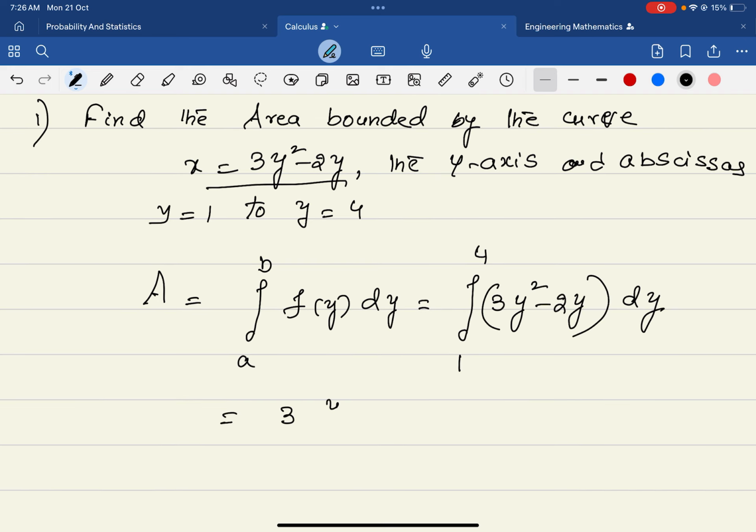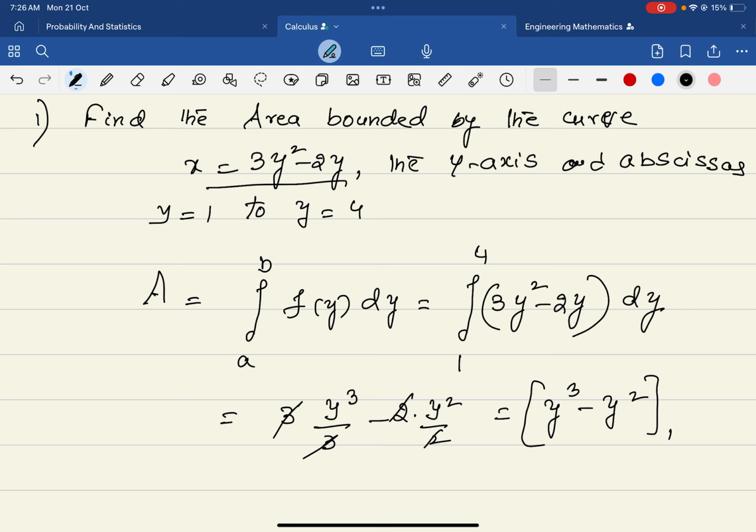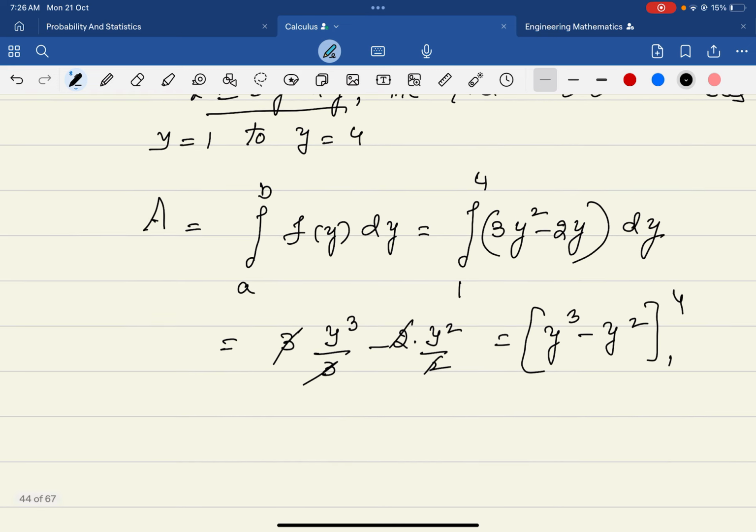It is 3 times y cube by 3 minus 2 times y square by 2. Now that gives you y cube minus y square within the limits 1 to 4. So apply the upper limit minus the lower limit: 4 cube minus 1 cube, minus 4 square minus 1 square.